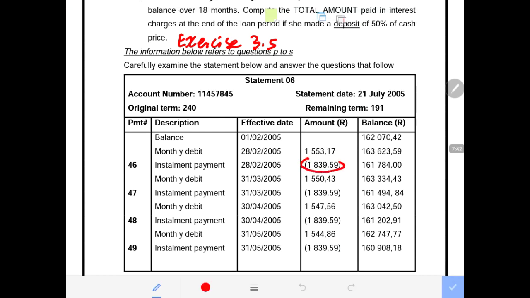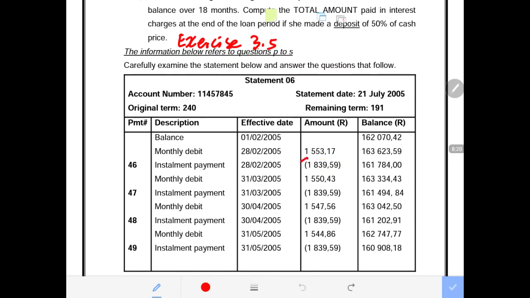Remember, this is the monthly payment, which is the installment that is being paid, or the premium. What does this mean? Every month we pay this amount, but this is the agreed monthly payment for the whole of the 240 months, which is 20 years, paying this 1,839 rand 59 cents.